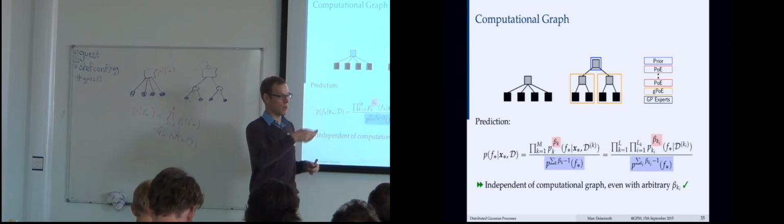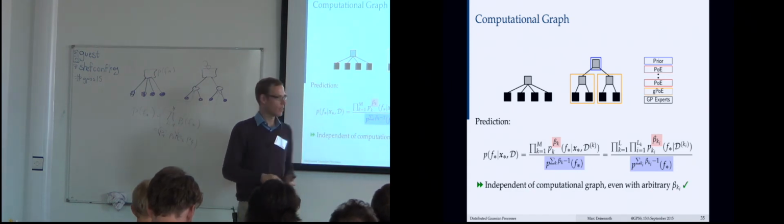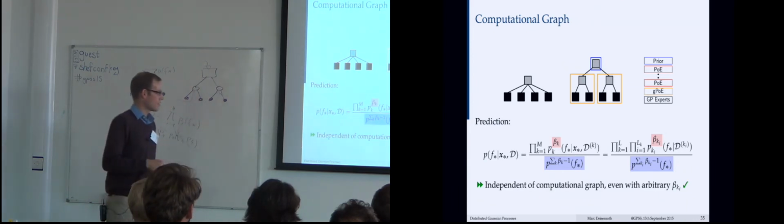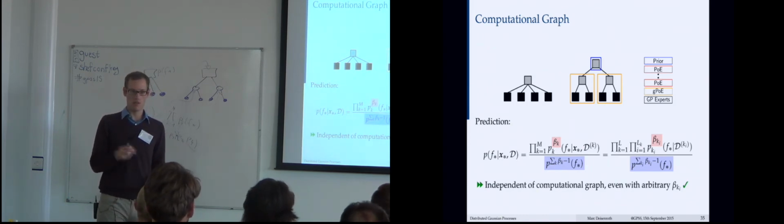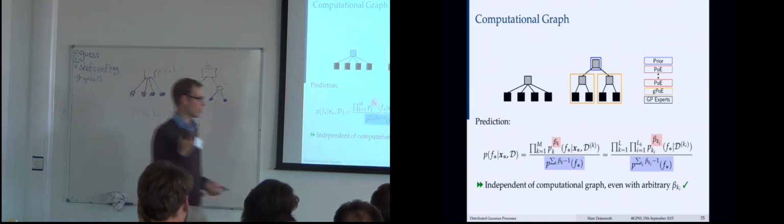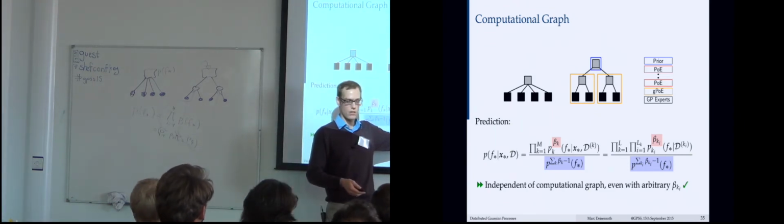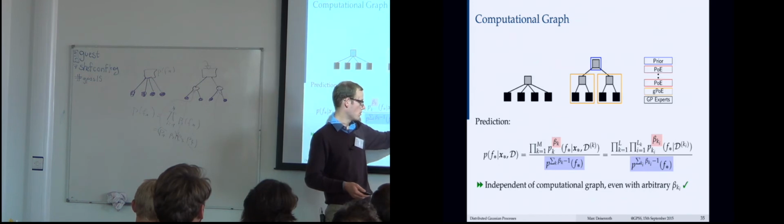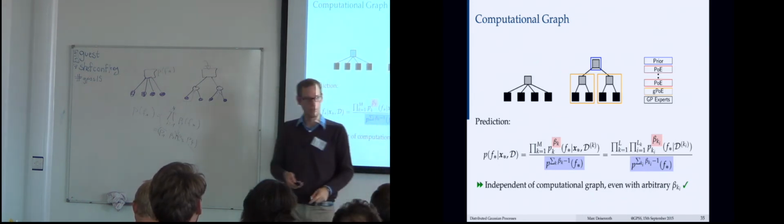And everything in between is a product of experts model. So this is how you can implement this. So it's independent of the computational graph, even for arbitrary beta k's. They don't have to sum up to 1. We take care of this by this normalization at the end. So if they sum up to 2, then we would just subtract, well, in that case, 1. That's fine.